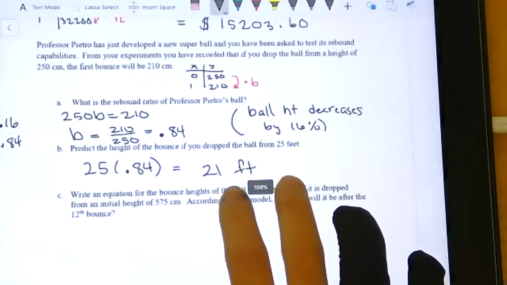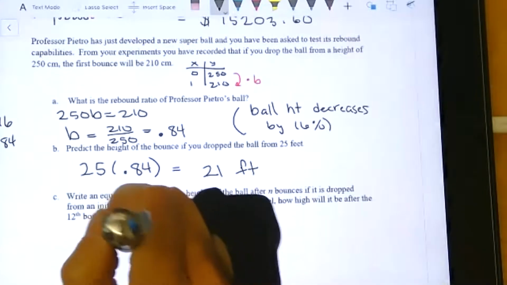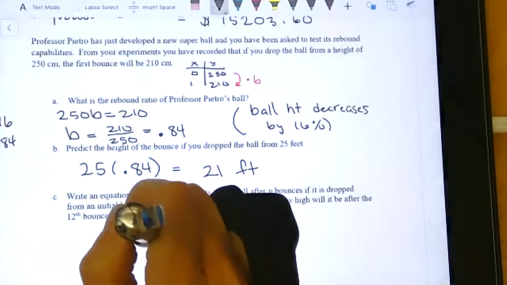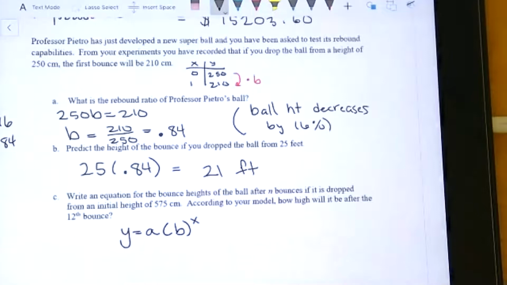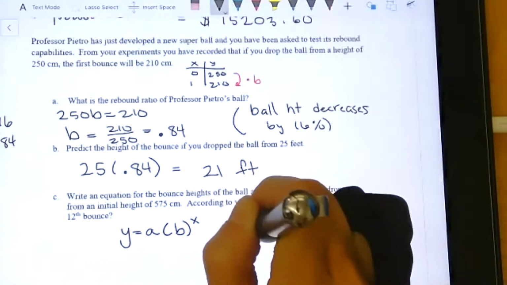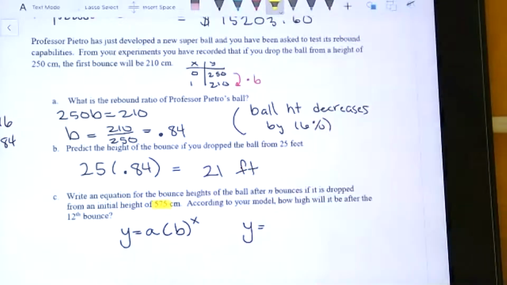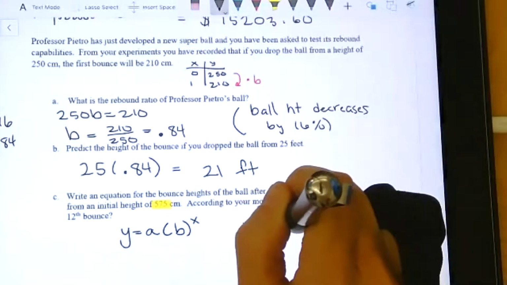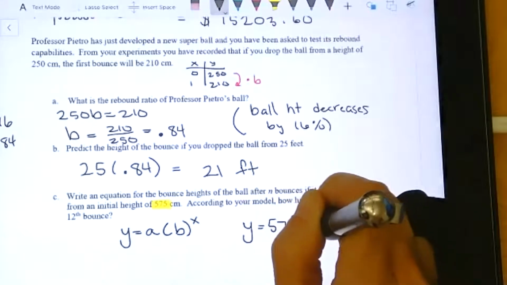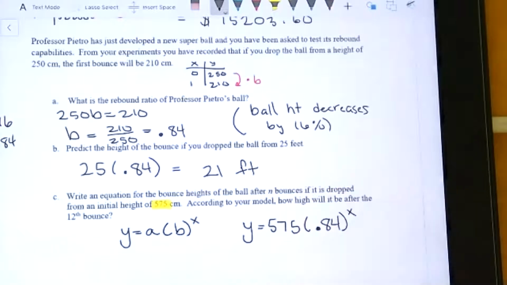C, write an equation for the bounce heights. Exponential is always A times B to the X. So this is going to be Y equals initial height, which is now 575, times B, which is 0.84 because it's the same ball, and X is the number of bounces.